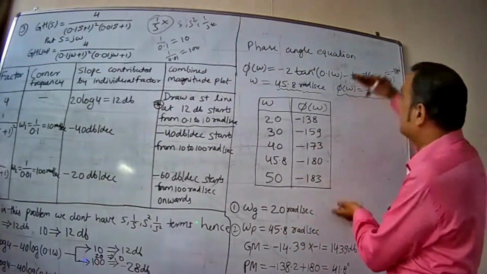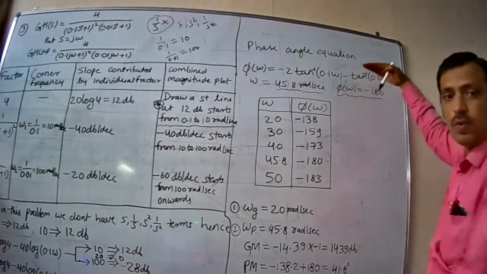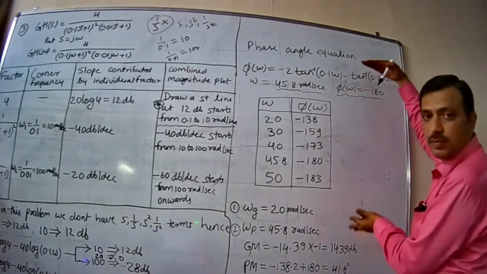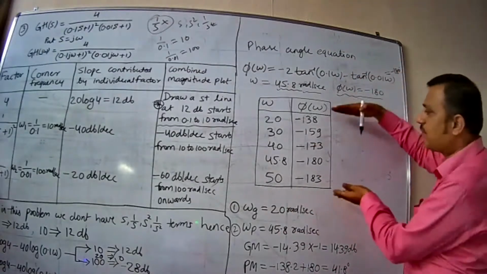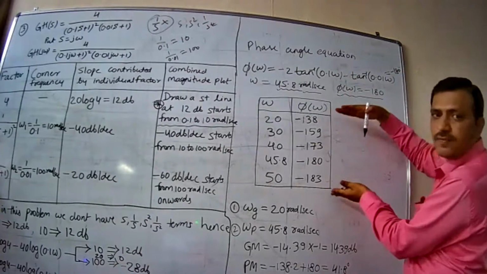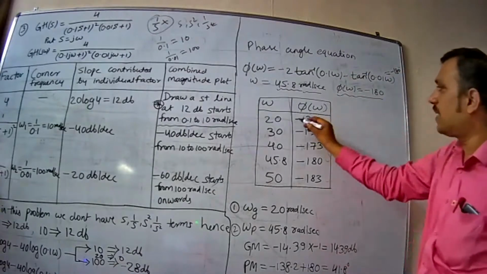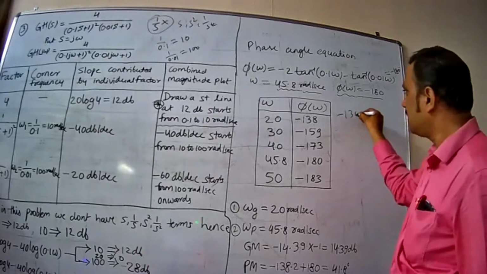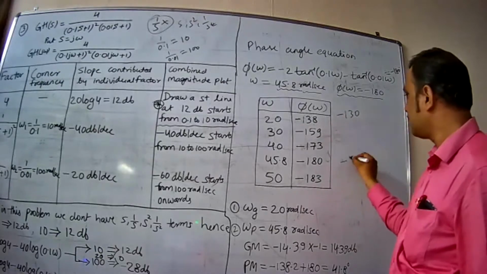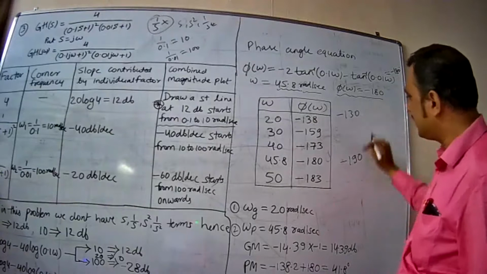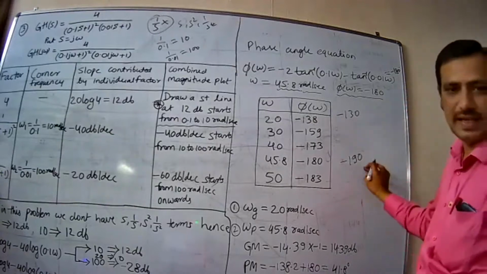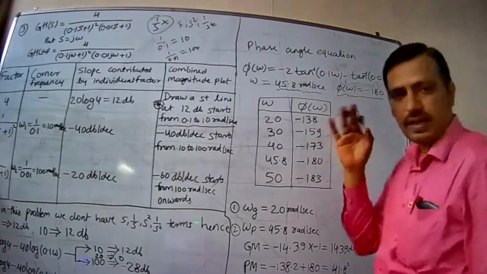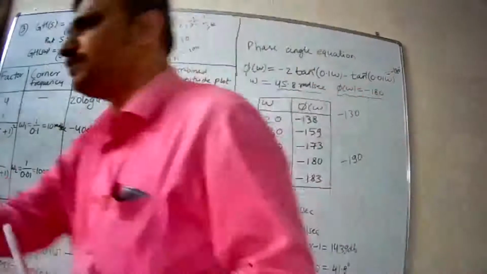If you take more values, then we have to account for more values on the graph sheet. Therefore, we select the minimum number of values. Here, if you select minus 138, then we can select the starting value as minus 130 and the ending value as minus 190. That is sufficient because the difference is around 60 degrees. That we have to keep in mind.